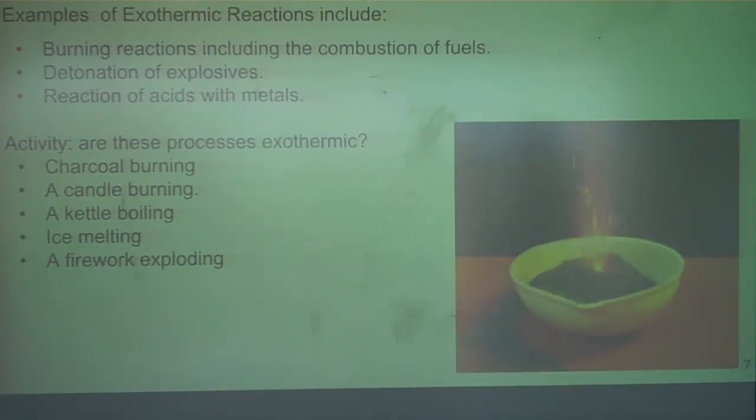A firework. Sorry, did I say exo or endo? Let me have a think about that. It's not a matter of temperature, it's a matter of energy.